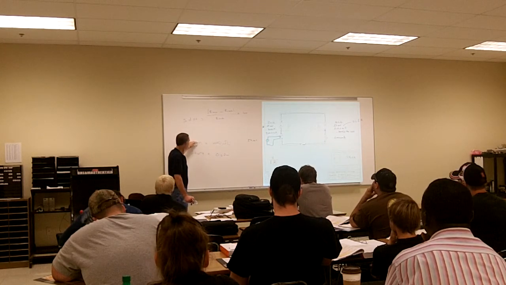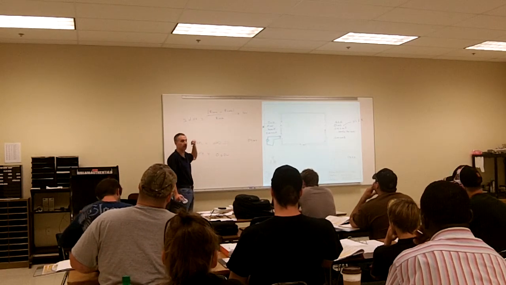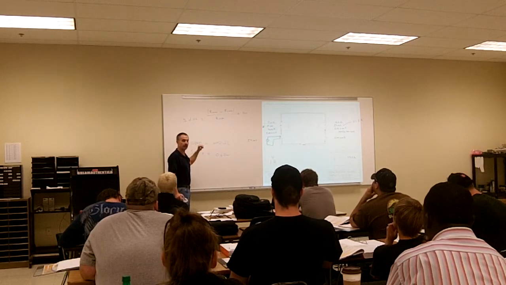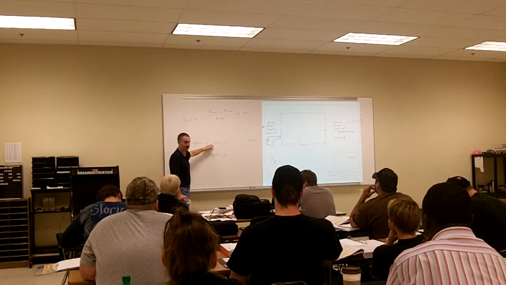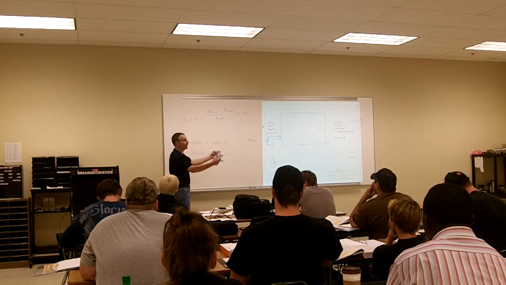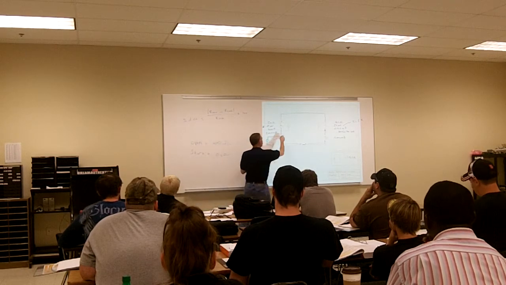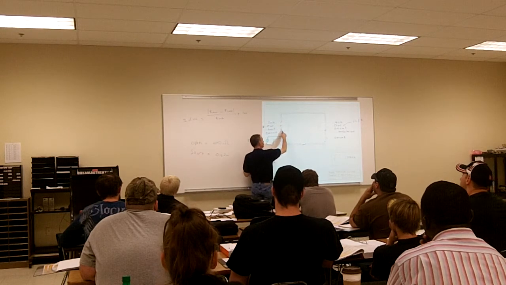Do I have a tremendous amount of resistance going across that fuse? Yep, I got infinite resistance going across my fuse. No current. I have a very large amount of opposition to current. So my current is not going to want to flow through that fuse.